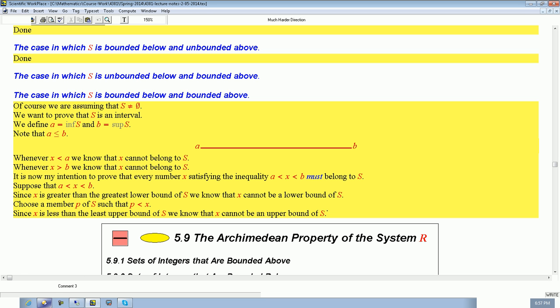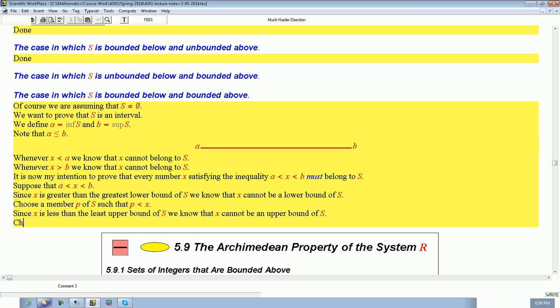You need to have resolved for yourself, weeks ago, that a number fails to be an upper bound when there exists at least one member of the set that is bigger. And what do you write when something exists? Choose a member. We have to just give it a name.